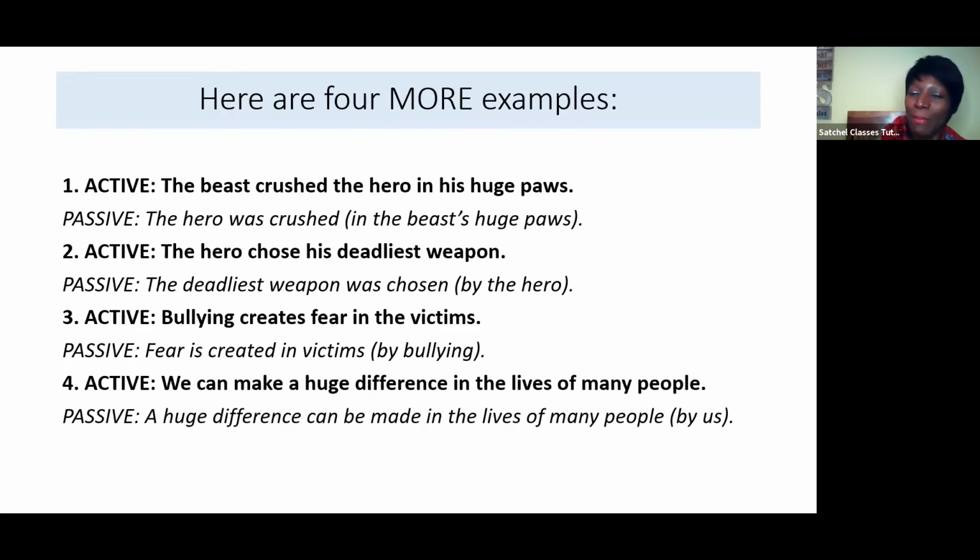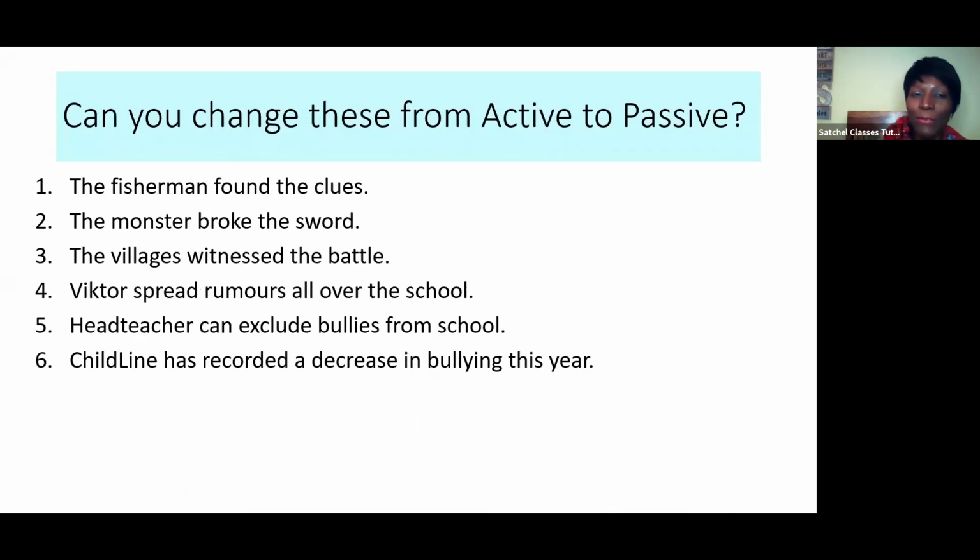A huge difference can be made in the lives of many people rather than we can make a huge difference. It's adding formality. It's taking away those pronouns we and us. And so it makes it sound much more formal. And that's the other use of the passive. So it can make things sound very helpless, but it can also make writing sound very formal. And that's why you use the passive voice.